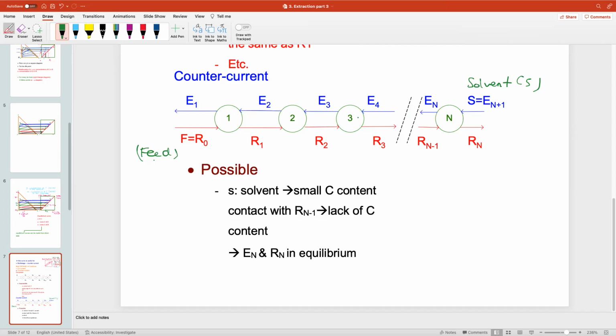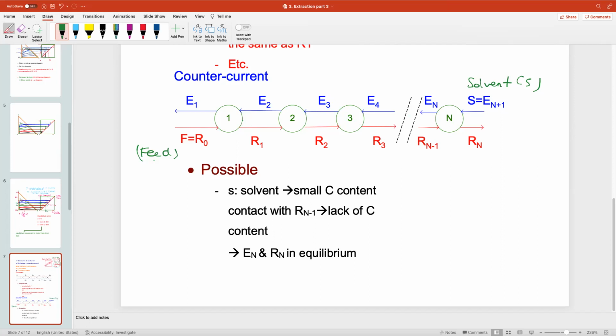They are then separated in a settler, maybe because of the difference of the density, one going to the extract phase and one to the raffinate phase. The extract leaving stage 3 is called E3, extract stage 3, and the raffinate leaving stage 3 is called R3. This is also similar with stage 2 and stage 1.